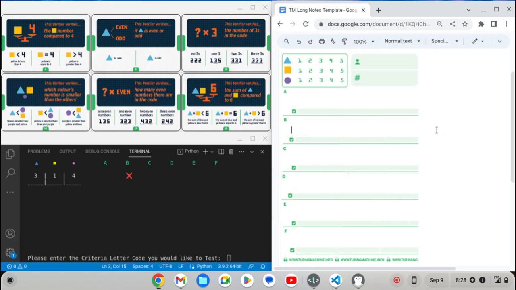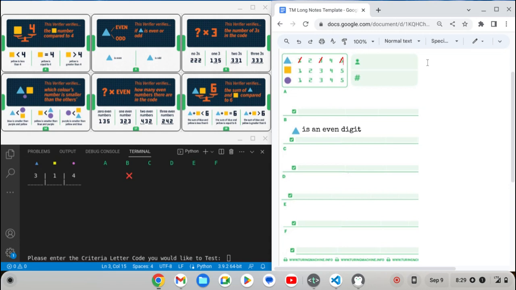And so again, the Turing Machine has informed us that triangle is an even digit. And of course, since it is even, we can cross out all of the odds. So let's go ahead and cross out 1, 3, and 5. So now, let's see, what can we test next?